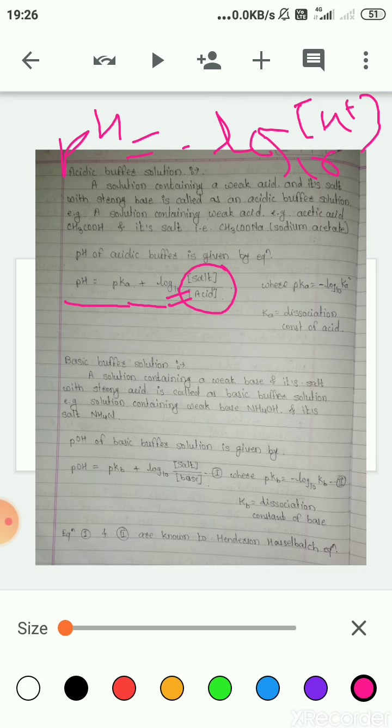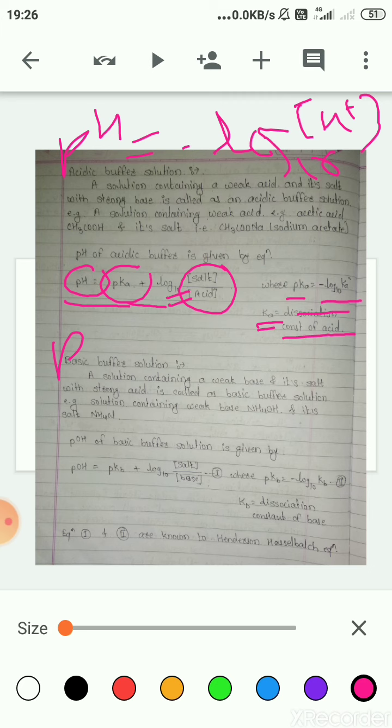Now, as we have defined pH, we can write the equation for pKa, and pKa is equal to negative log to the base 10 of Ka, and we know that Ka is the dissociation constant of acid.